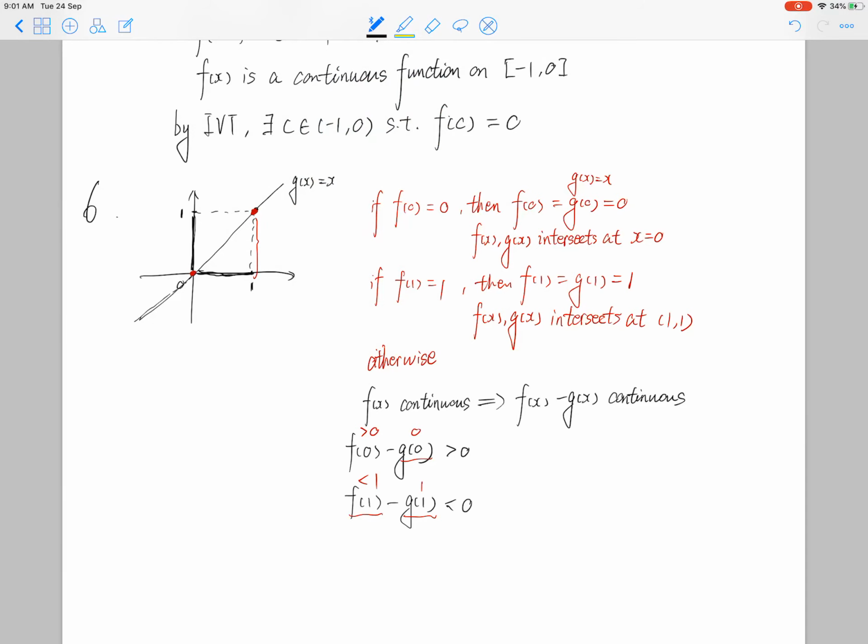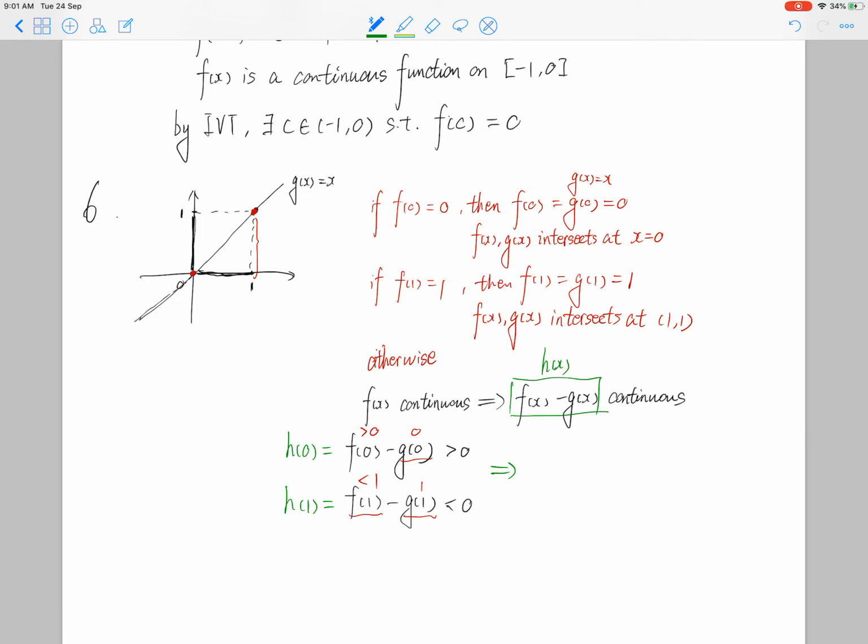So we can give this function a new name, h(x). h(x) is continuous. h(0) is f(0) minus g(0), which is greater than 0. h(1) is f(1) minus g(1), which is smaller than 0.